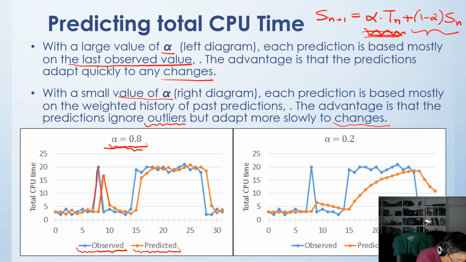So it's a little bit more stable. A spike in the observed CPU burst plays a small role in the predicted value, so any isolated CPU burst will probably be ignored in the predicted CPU time, which is also good from some perspective. Okay, so that's pretty much all for section 3.2.